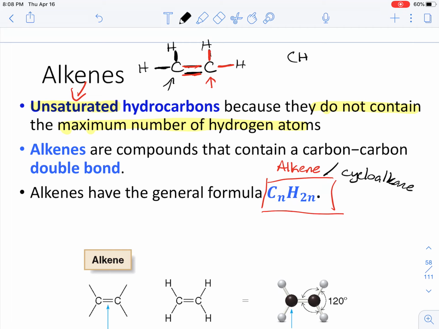CH2, well, let me see here. So let's just say that we're trying to make cyclo.